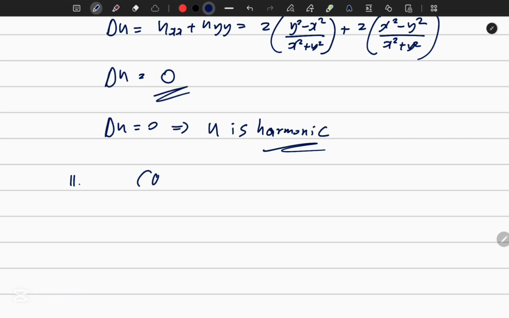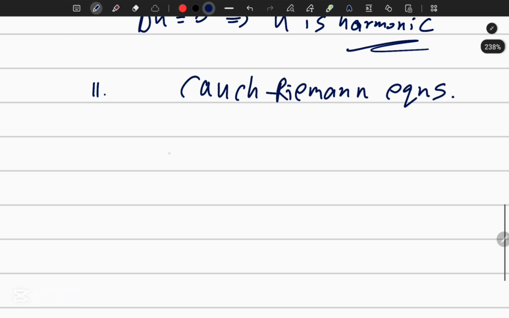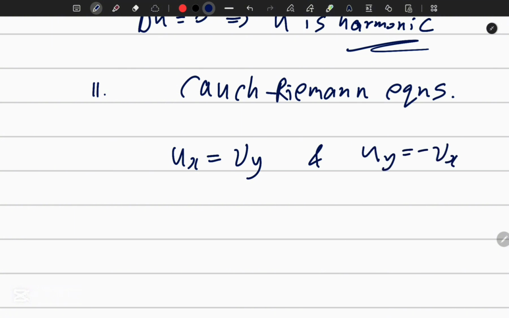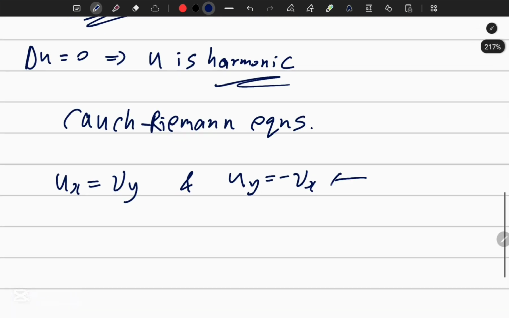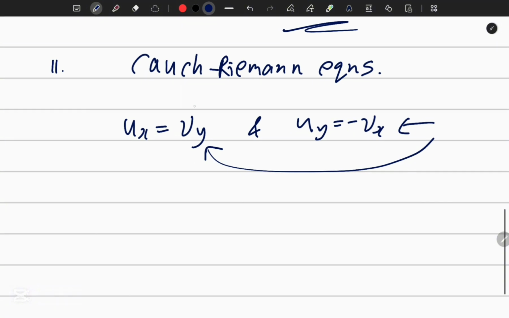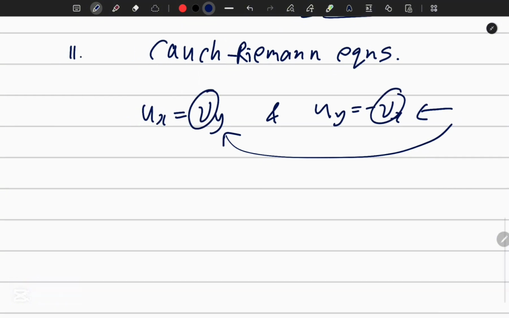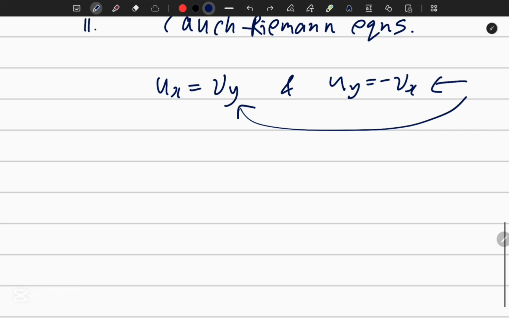The Cauchy-Riemann equations are u_x equals v_y and u_y equals minus v_x. By using these two equations, I'm going to find the function v.